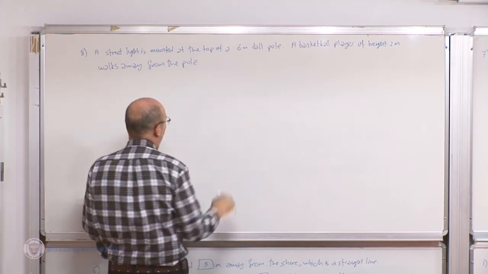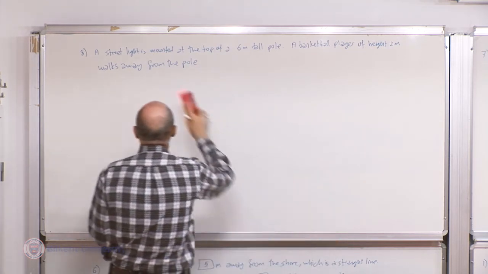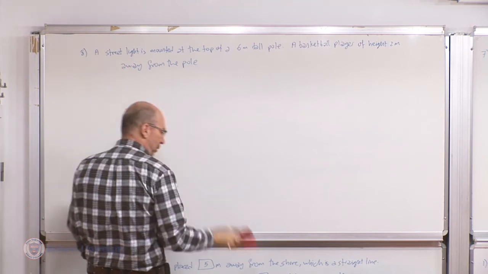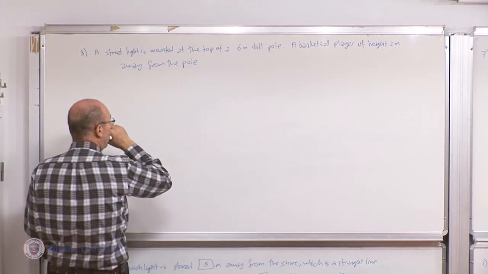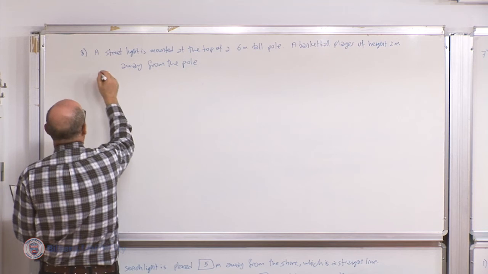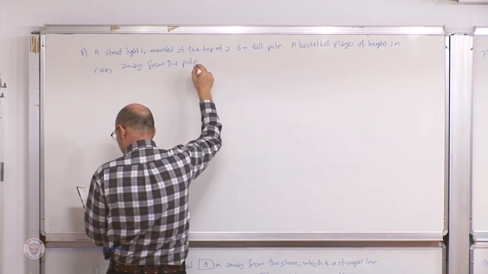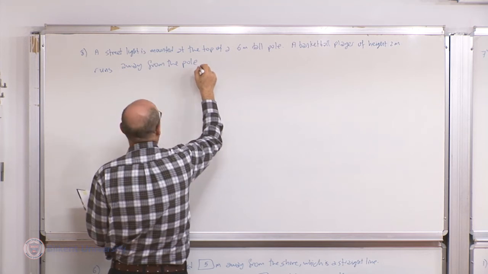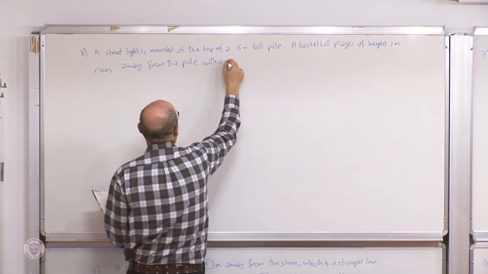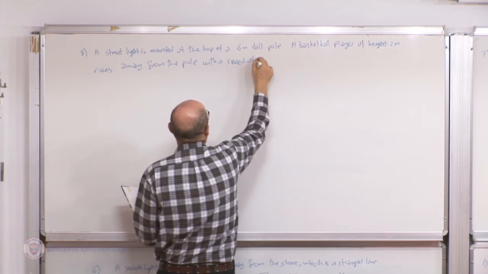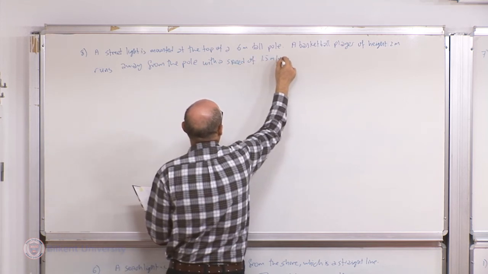Well, this is not walk, so it's running. Okay, so let's make running. Runs away because there is a dog chasing her. Runs away from the pole with the speed of 1.5 meters per second.